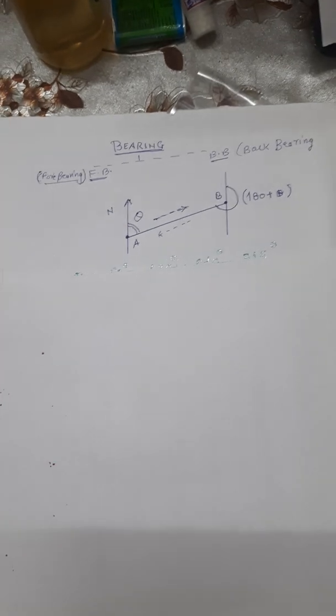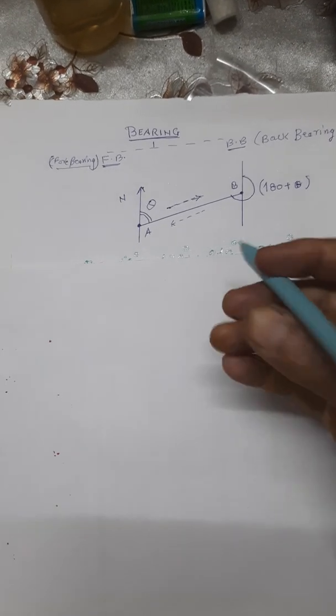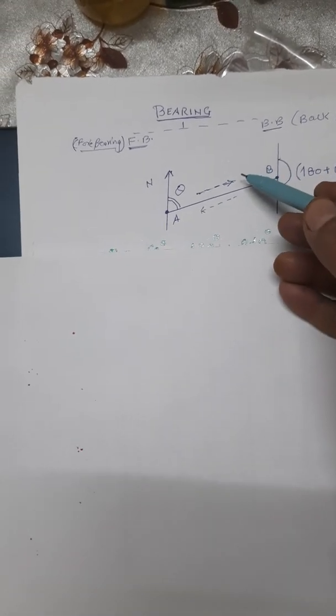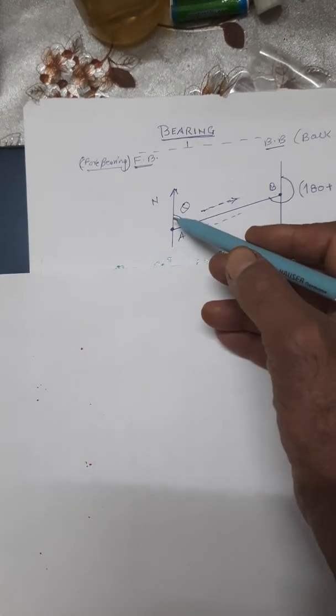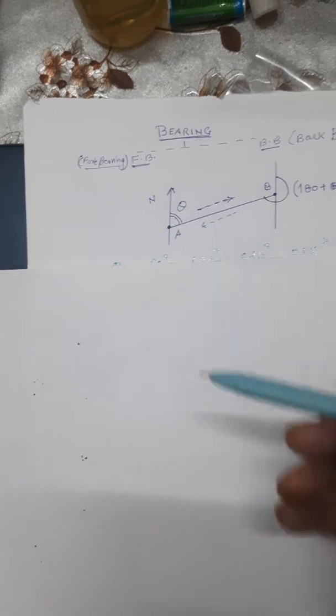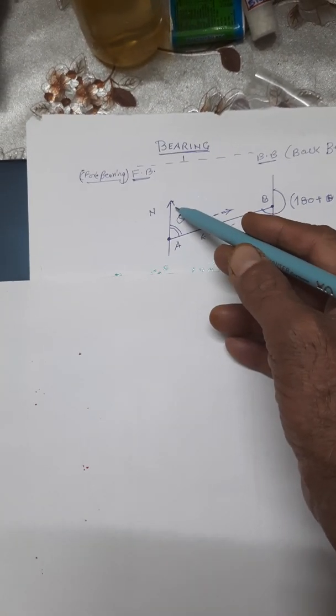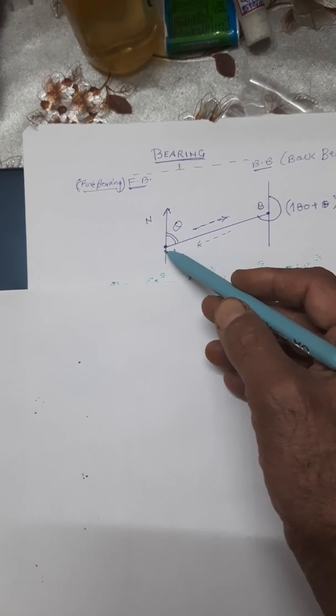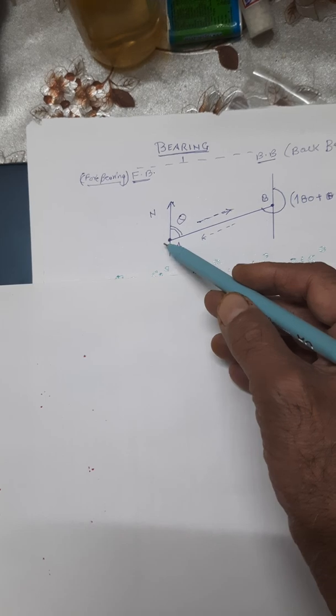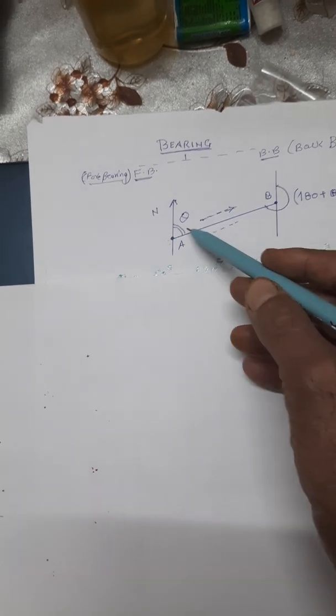When we proceed with our compass survey in the direction mentioned by the arrow over here, then this line AB makes an angle of theta with north. So we can say that the forebearing of AB is theta.